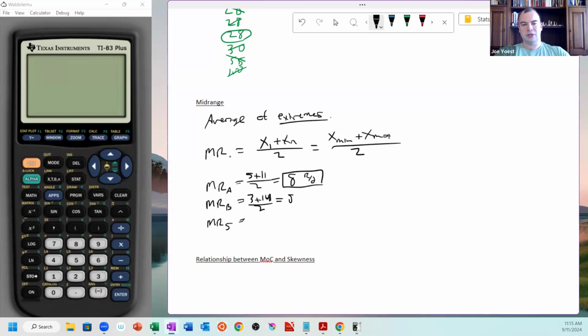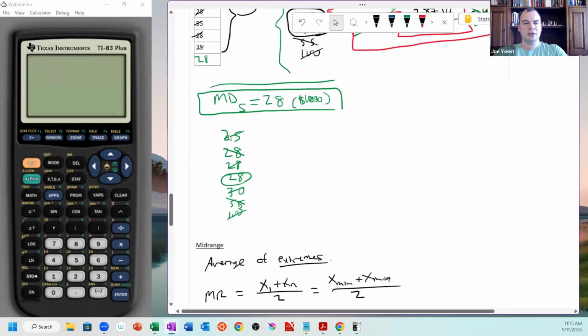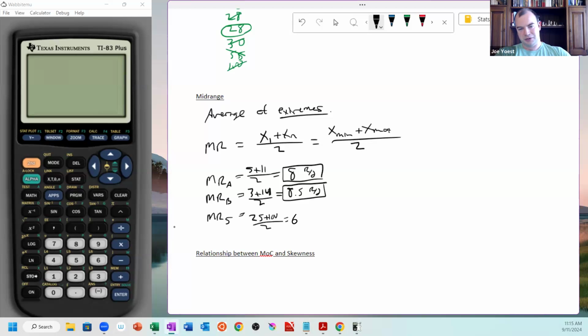That's 17 over 2, that's 8.5 returns per day. And the salary data, 25 to 100. So that's 125 over 2, that's 62.5. And that's in thousands of dollars. Okay. Any questions so far?